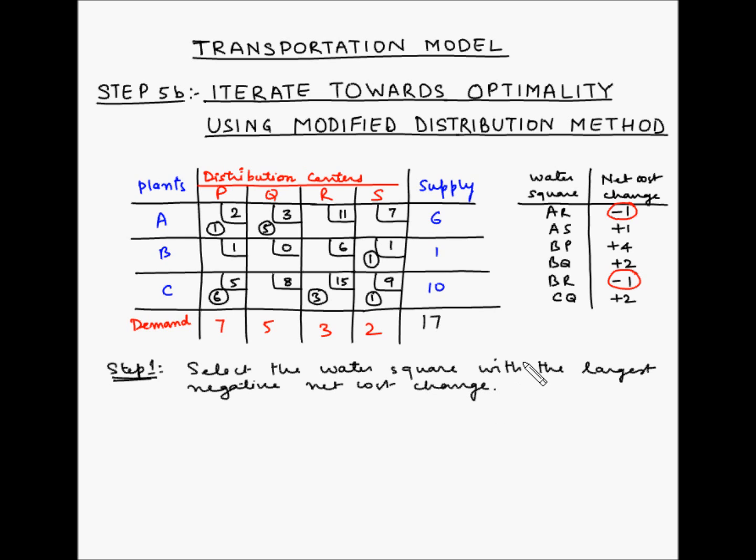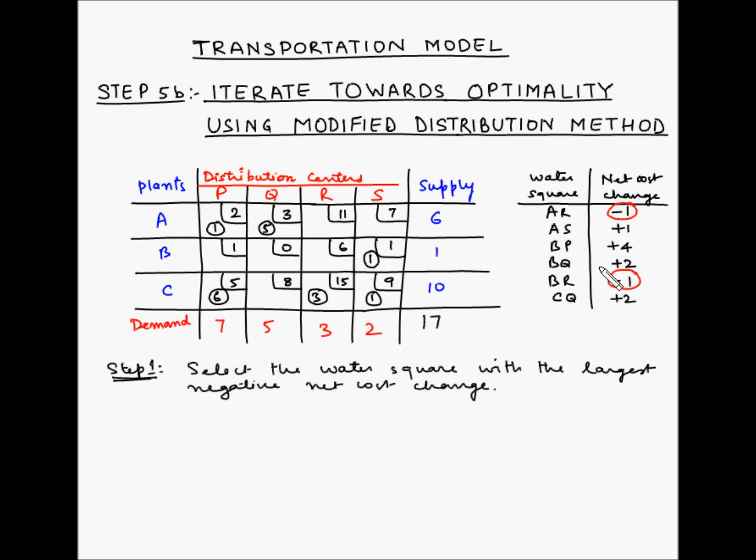Now in our case, we have two squares which have a negative value of net cost change, that is AR and BR, and both of them have the same value of -1. Now the net cost change means change in transportation cost if 1 unit is allocated to that square.